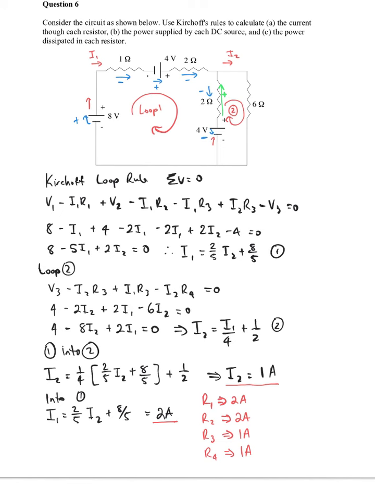So we're asked next to find the power supplied by each of the DC sources. If we know the current supplied and we know the voltage of each one, we can find out what the power is. Okay, so let's do that.